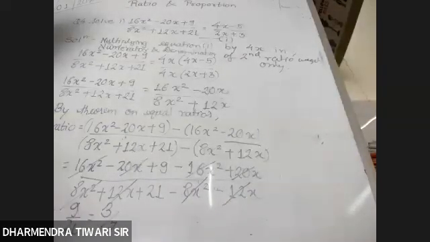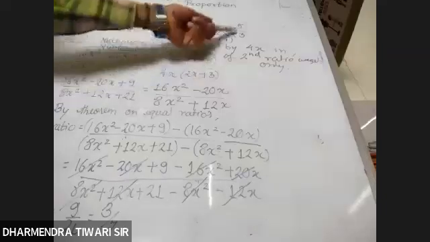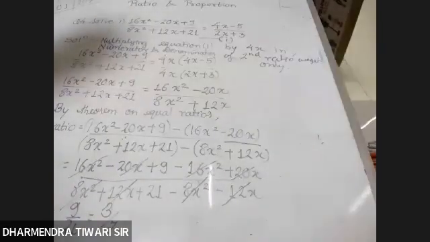Sorry. So we can use this value of each ratio with any one of the ratios. So I'll be using it with the second ratio, that is 4x minus 5 upon 2x plus 3 is equal to 3 by 7.